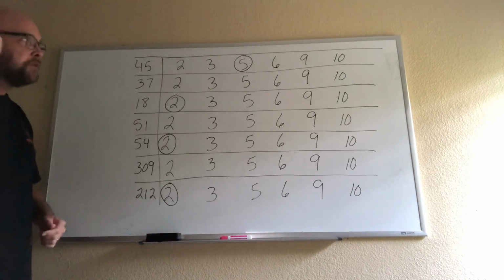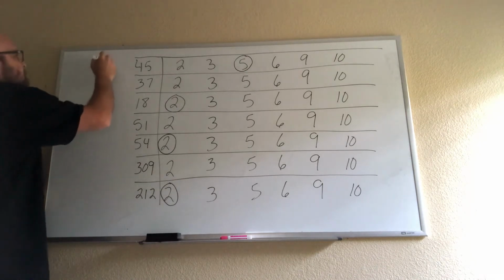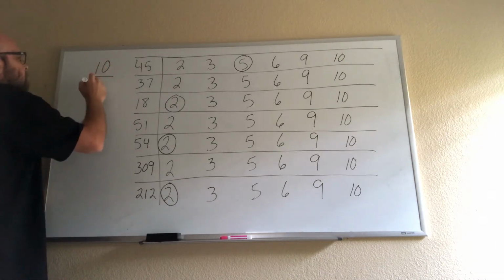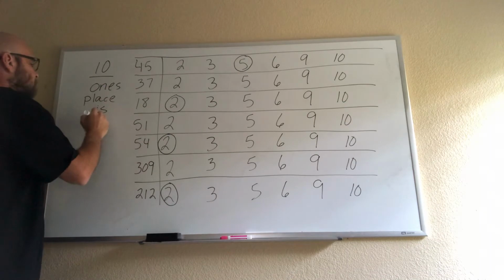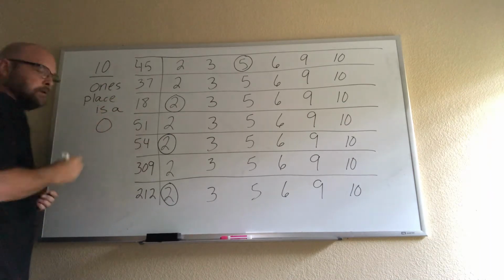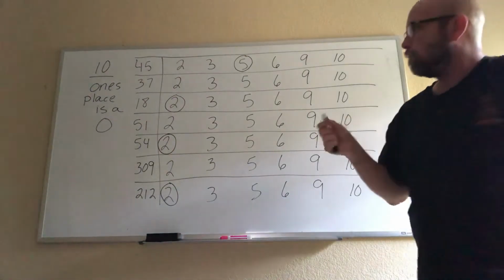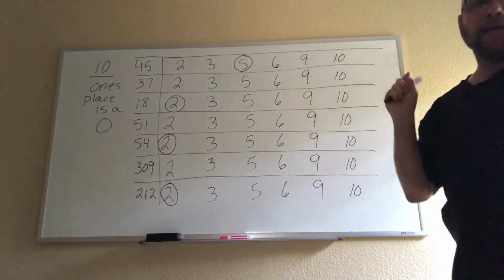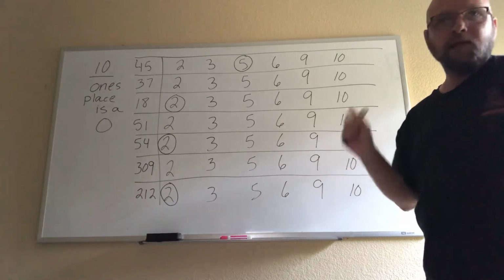All right, the next easy one I like to do is the tens. The ones place is a 0. So if the ones place is a 0, that number is divisible by 10, or 10 times something equals that number.